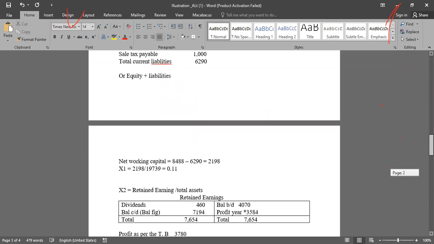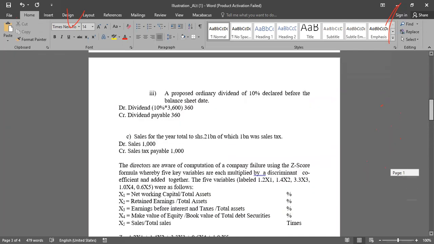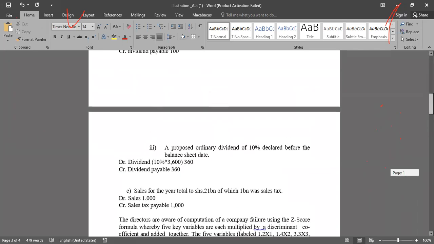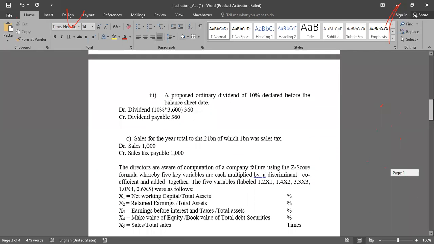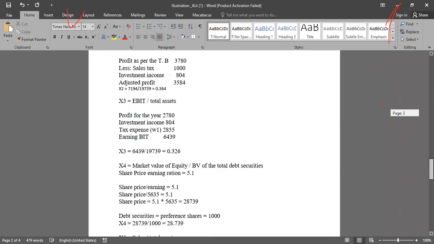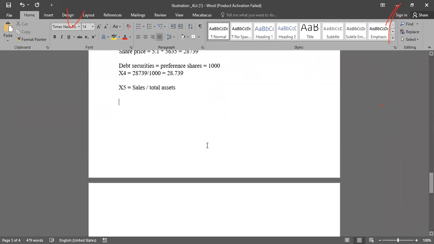They said that sales there were 21 billion, but one was sales tax. So meaning that sales of 21 billion, then you deduct the 1 billion, which is the sales tax, which we debited. This will give us 20.